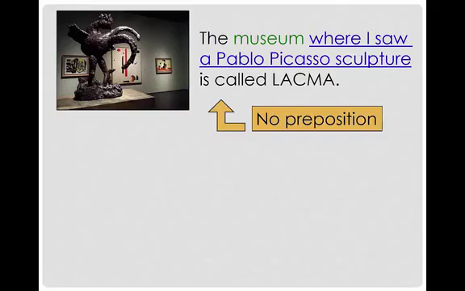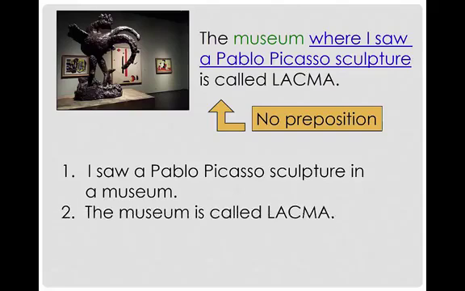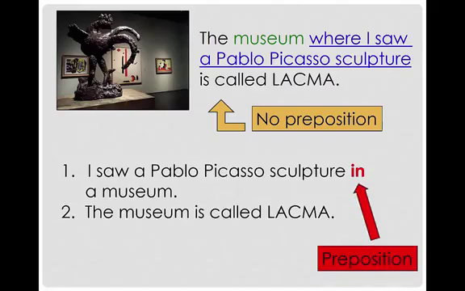The adjective clause is saying, I saw a Pablo Picasso sculpture in a museum. And the rest of the sentence is saying, the museum is called LACMA. Do you see a preposition in the first sentence? That's right. In is a preposition.